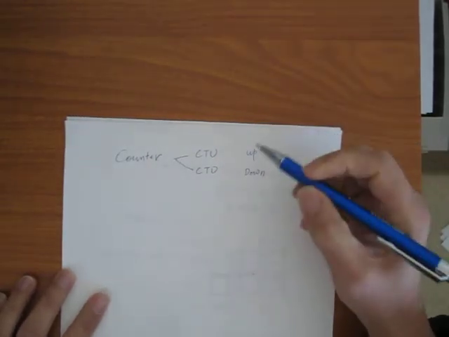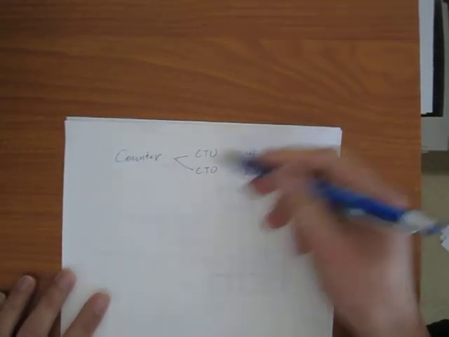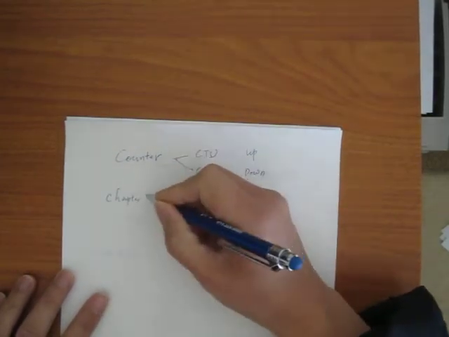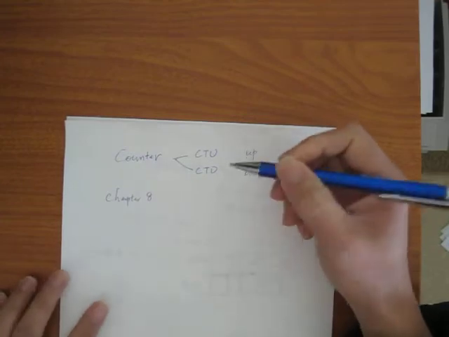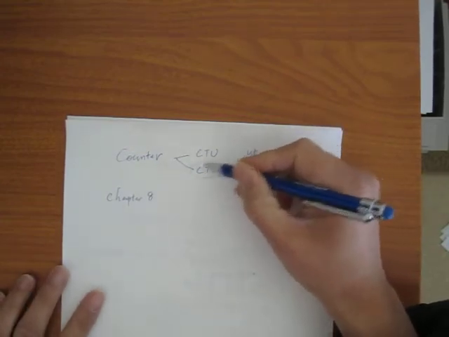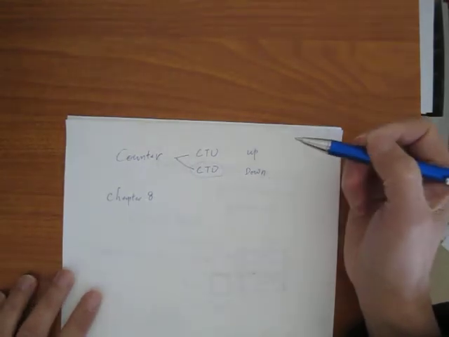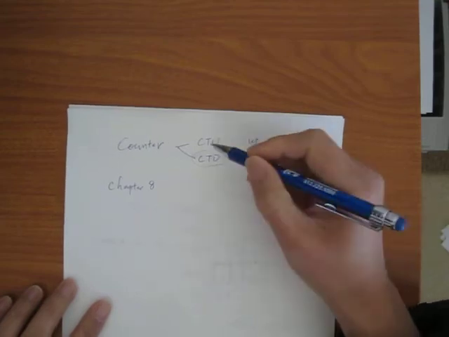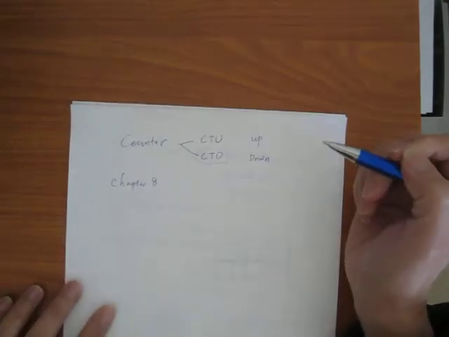And now be careful, this book, chapter 8, has some information that is inaccurate, especially about the CTD, the down counter. Some information is not right. Okay, so we're going to take a look at the CTU first.